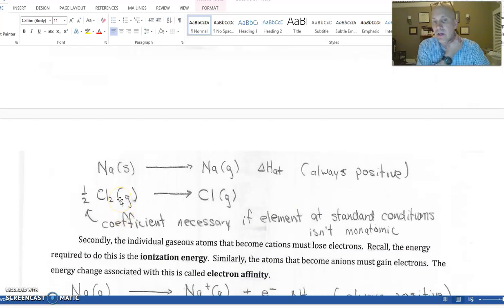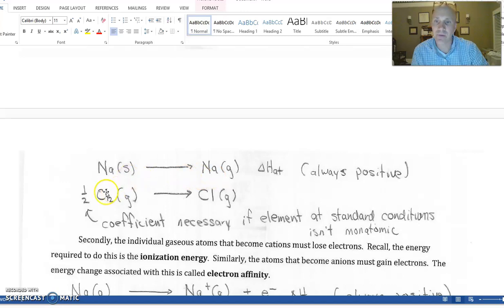These enthalpies of atomization can be a little different depending on the nature of how the element exists. If the element in its standard state exists as individual atoms, all it involves is taking it from whatever form it's in and going to the individual atoms in its gas phase.